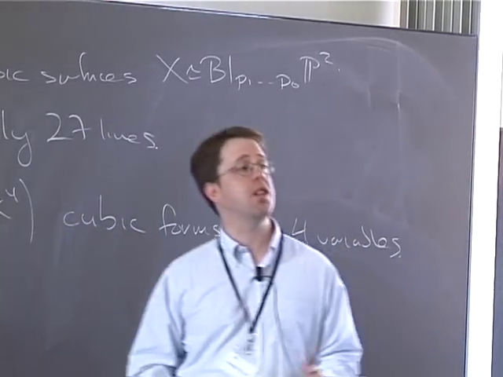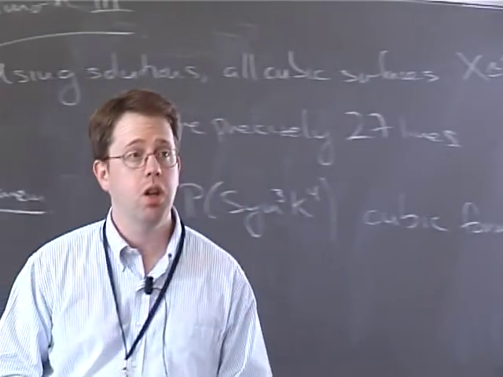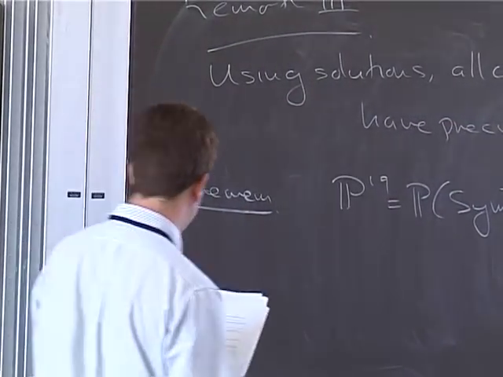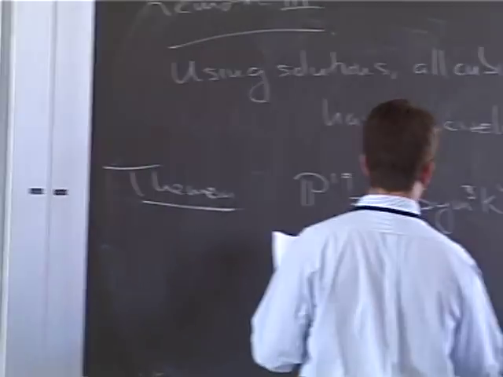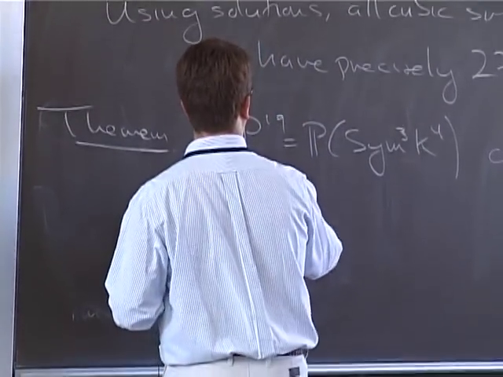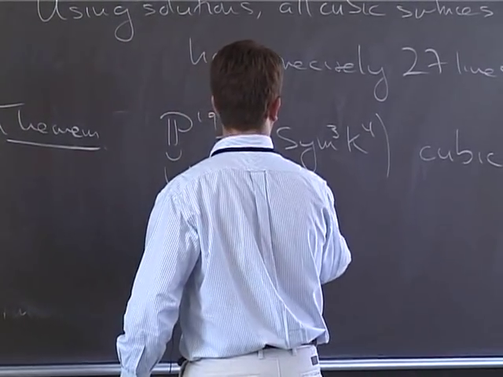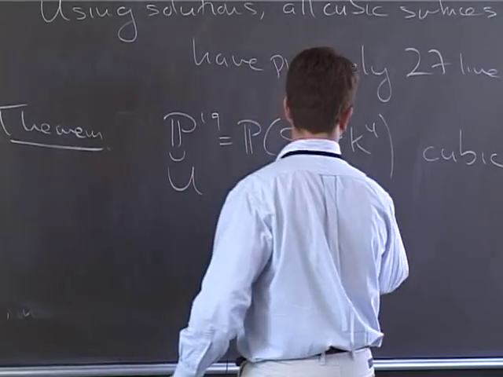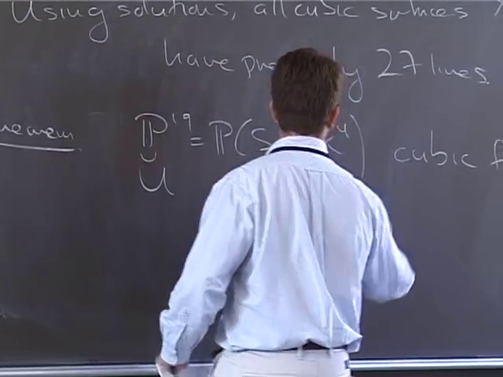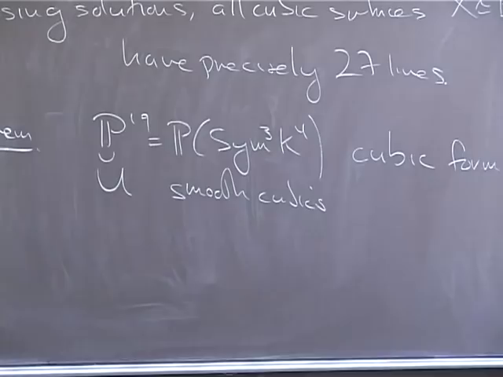So this is a Hilbert scheme of all cubic hypersurfaces. And inside of here, we have the smooth cubics. So this is an open subset of P19.